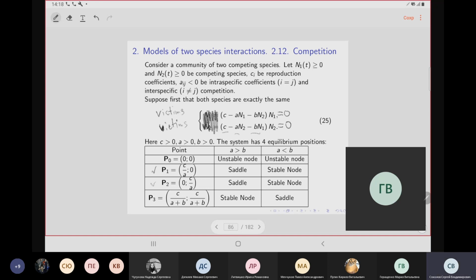We'll see it on the picture. And there is another one, the point P3, meaning that there can be their coexistence. So when we find the matrix of linear approximation and we find the eigenvalues, we can conclude that the dynamics depend on the difference between A and B.